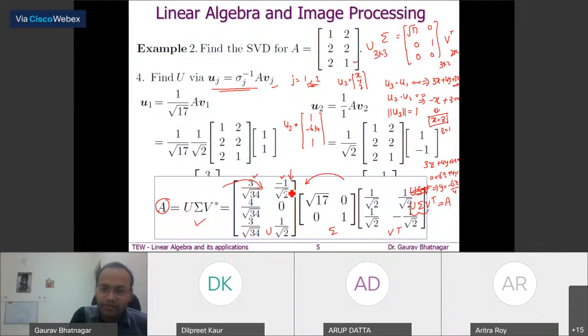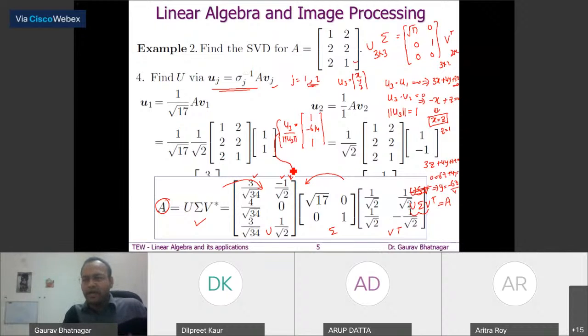So your third vector in U is going to be U3 divided by its norm. When you include this new vector, you are going to get the full SVD of the same matrix A. So this is how the same algorithm can be used to find the full SVD or the reduced SVD, whatever you want to obtain.